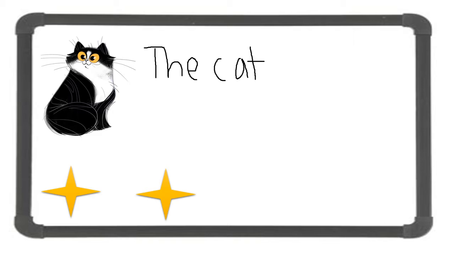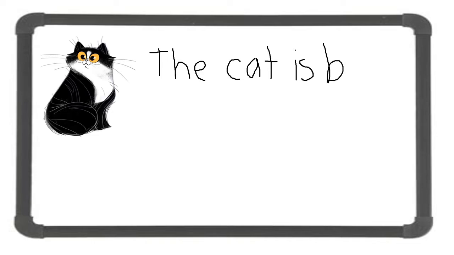Let's now try and finish our sentence and make sure that we get our 2 extra stars. So now we're going to finish off our sentence. We had the with a capital, the cat, so that's our noun, the cat is black. And then to end it, we have a full stop.